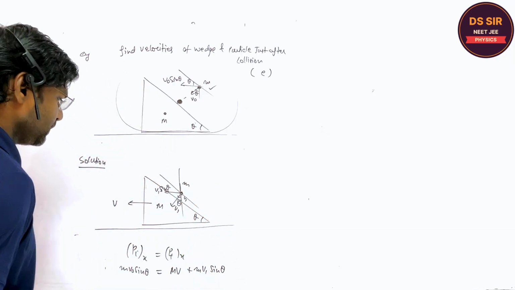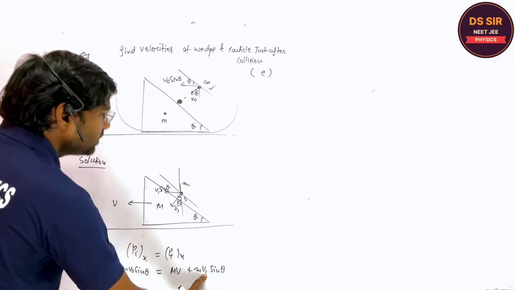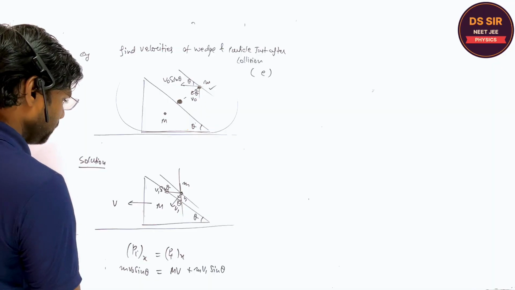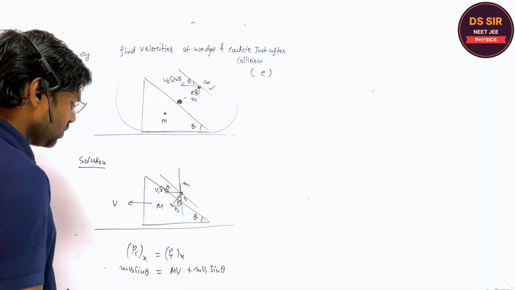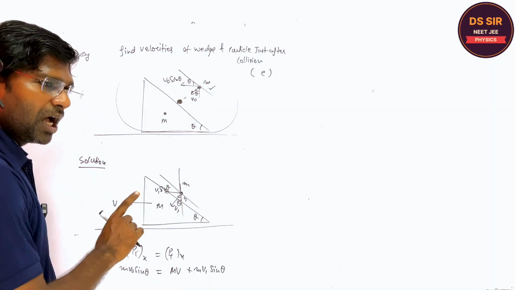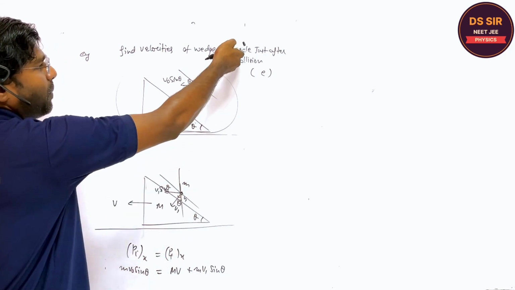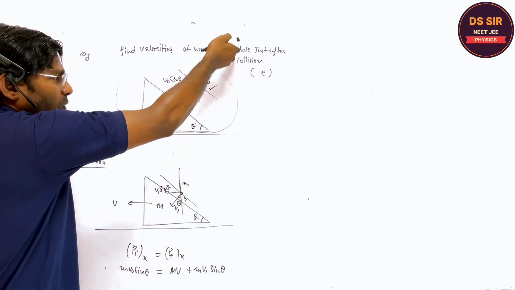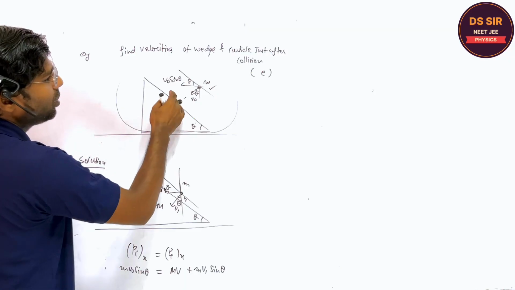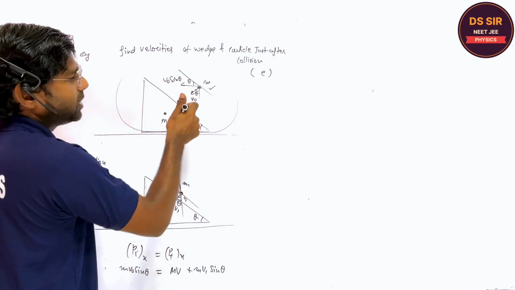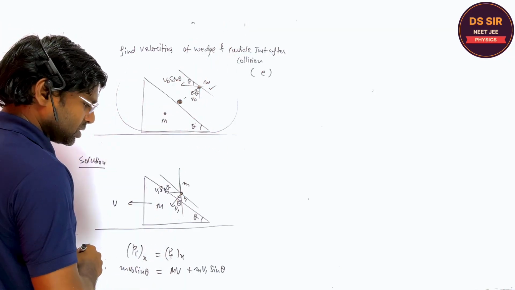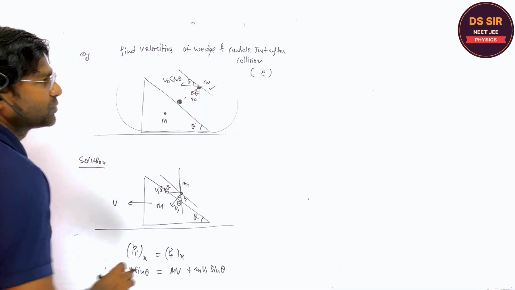Here v1 is the velocity of the particle and capital V is the velocity of the wedge after collision. The wedge will move horizontally and the particle will continue to move in the same direction, because in this direction no velocity, an impulse is applied. So this is the one equation, right?